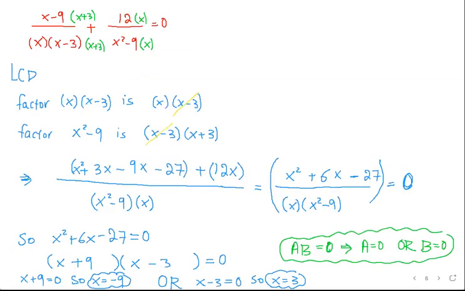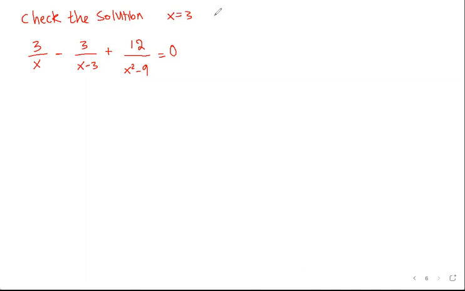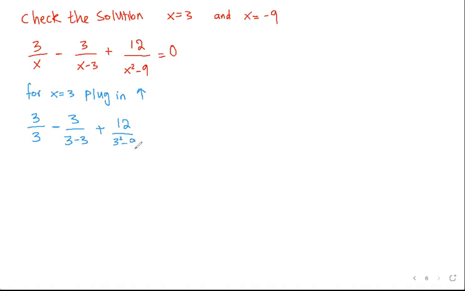So for x equals 3, plug in the formula. They give me 3 over 3 minus 3, minus 3 over 3 minus 3, plus 12 over 3 squared minus 9.